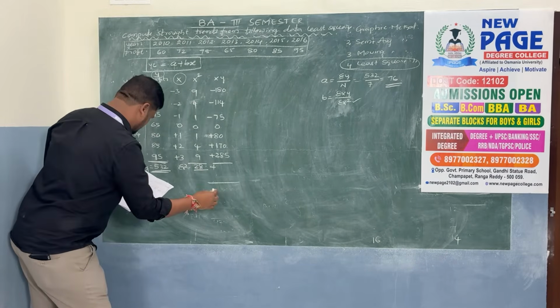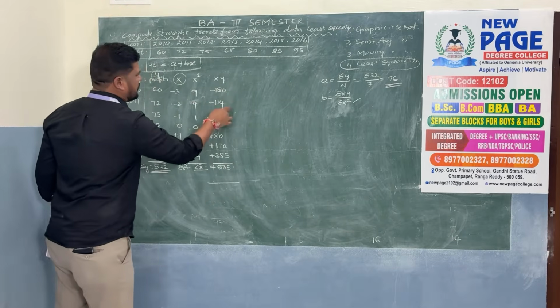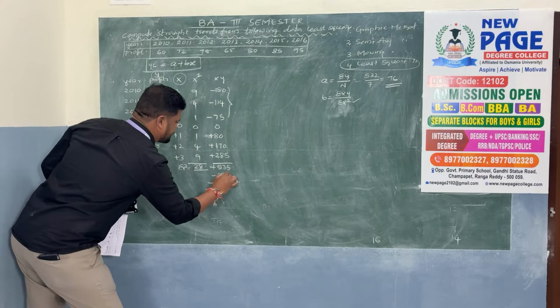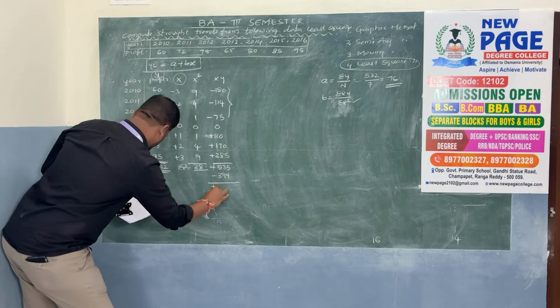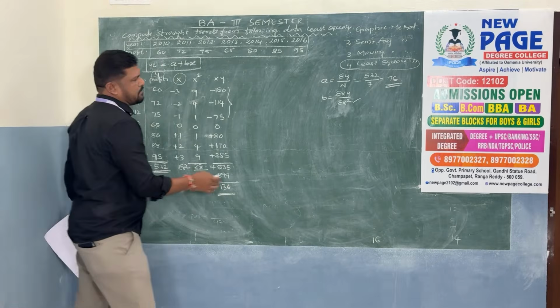Find out the plus values: the plus values total 535. The minus values total 399. Then we get plus 136. This value is applicable in the formula.